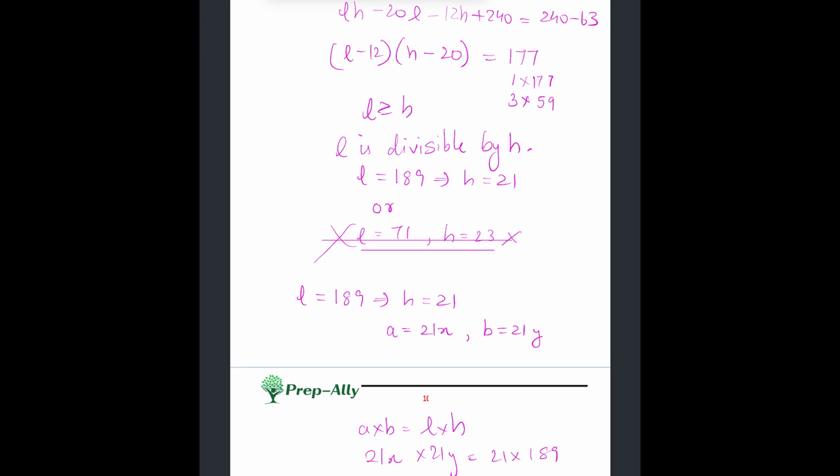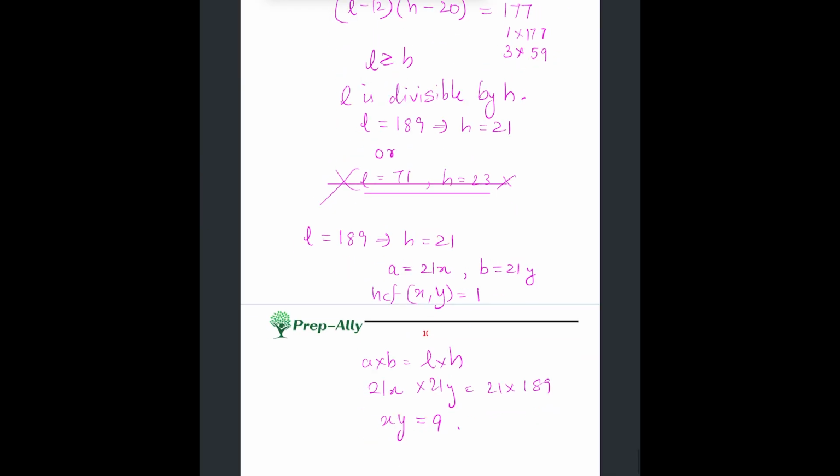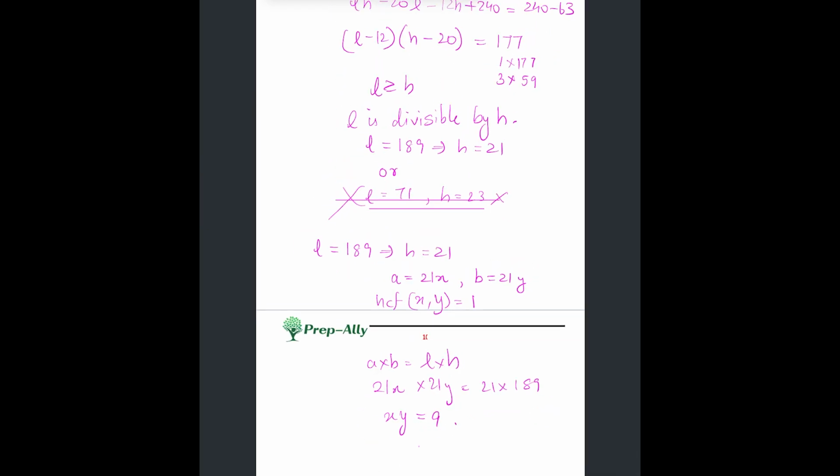So xy equals 9, and x and y have HCF 1, by the way. The only way that x and y can have HCF 1 is when x equals 1 and y equals 9, or x equals 9 and y equals 1.